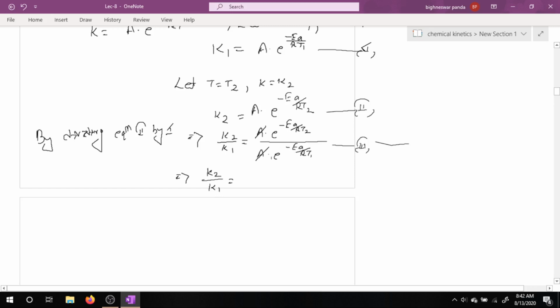If I take e^(Ea/RT1) to the above, k2/k1 equals e^(-Ea/RT2 + Ea/RT1). Taking Ea/R in common, k2/k1 = e^((Ea/R)(1/T1 - 1/T2)).